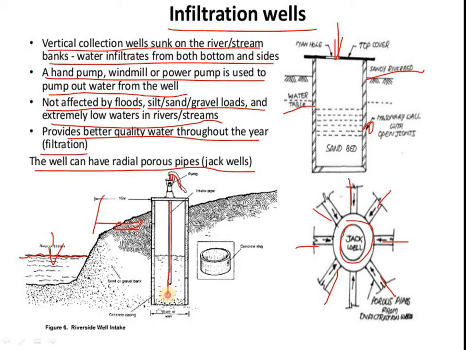The pipe will be connected to the bottom of the bed. This is a concrete casing, and this is a sand or gravel bed. Totally, a sand or gravel bed will be there. And you can see this is the cast iron ring, this ring portion which is connected with cement. So these will be connected to riverside wells.